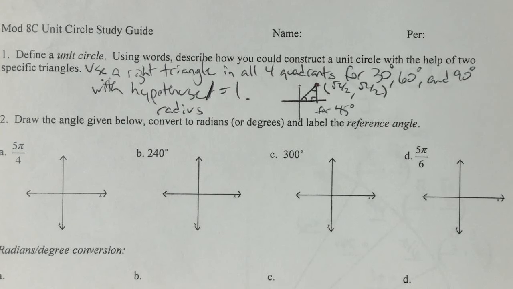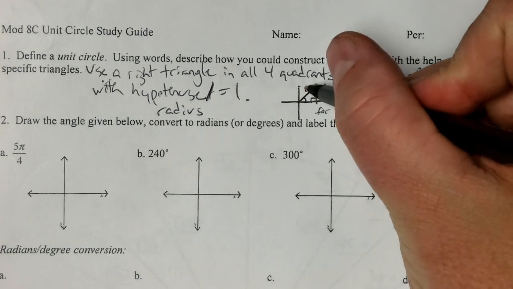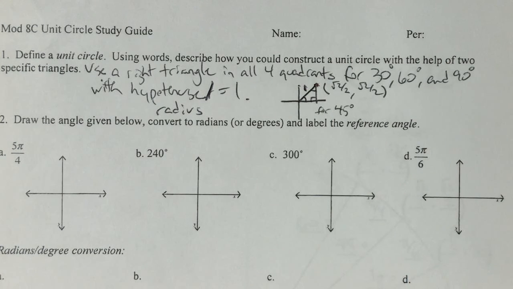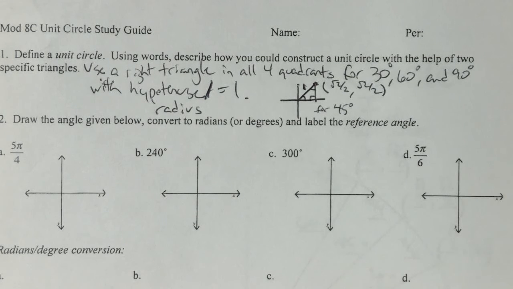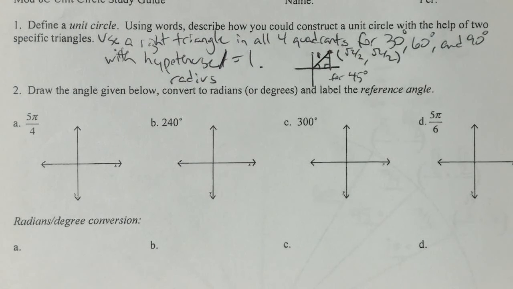And you could do that for 30, 60, 90 also. And remember, what we're labeling as the hypotenuse is 1. Okay, any questions about that?